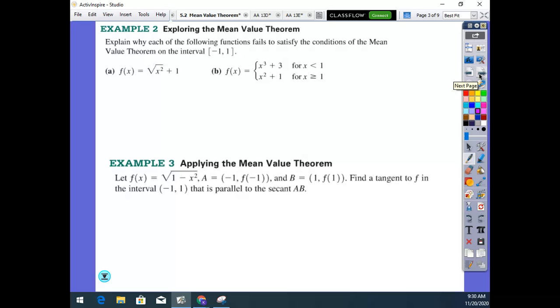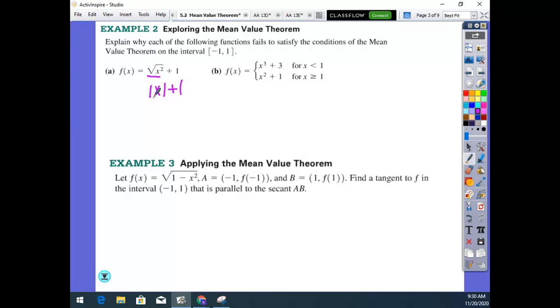This is asking us, why do the following functions fail to satisfy the hypothesis? All right. So if we consider the graph, the square root of x squared is technically the absolute value of x. Whenever you square root x squared, this has to be a positive value. We will never have a negative coming out.